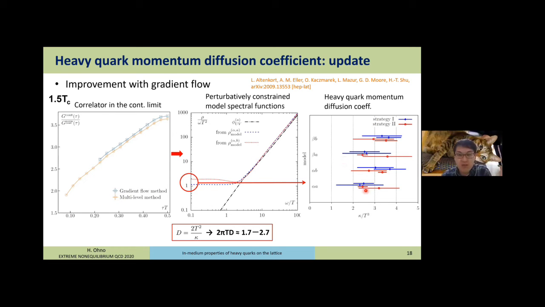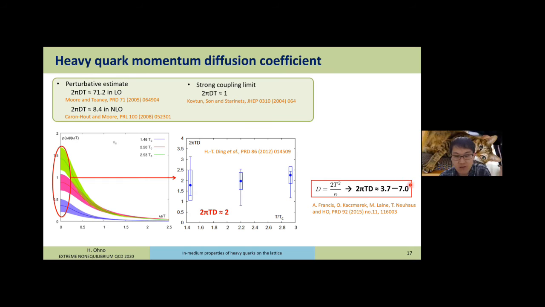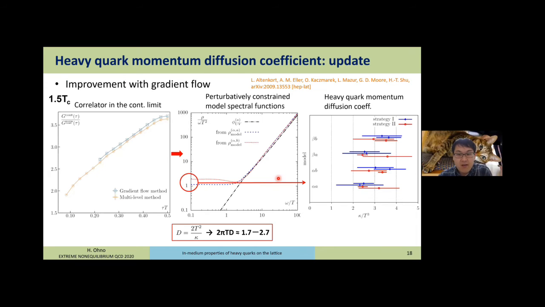From this calculation, they get a value which is slightly smaller than our previous calculation, but now their value is very consistent with the value from the other calculation.